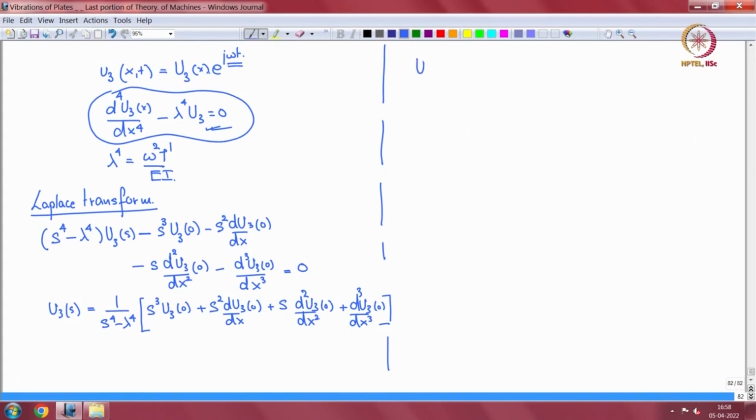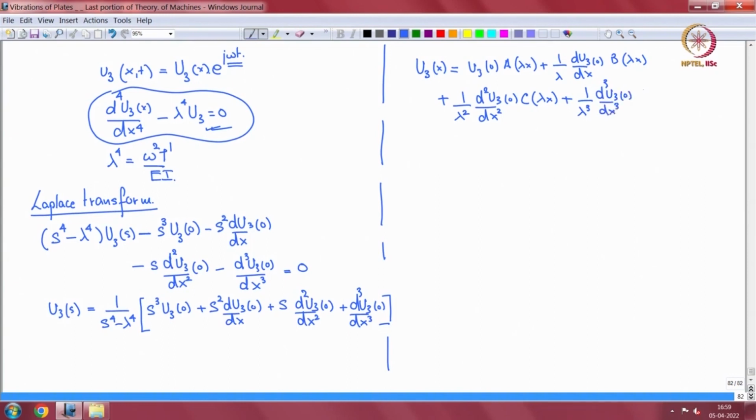So the inverse transform u3 of x looks like this: u3 of 0 times A of lambda x, plus 1 by lambda du3 by dx at 0 times B of lambda x, plus 1 by lambda square d2u3 by dx square at 0 times C of lambda x, plus 1 by lambda cube d3u3 by dx cube at 0 times D of lambda x.